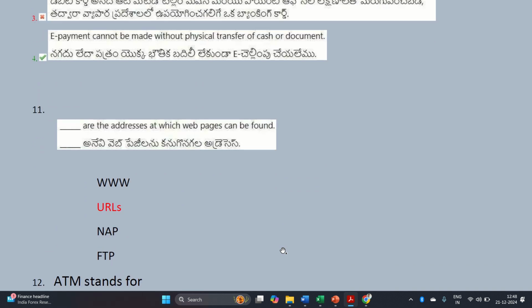Dash are the addresses at which web pages can be found. URLs are the addresses at which web pages can be found. Uniform Resource Locator. Let's see another definition of URL.